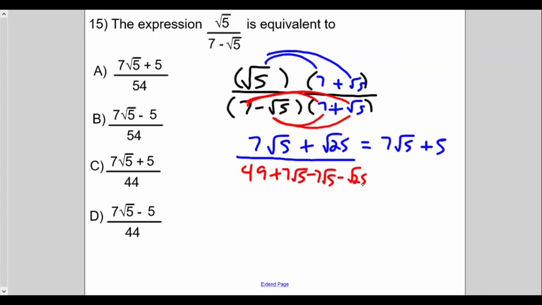Well, we know the 7 square root of 5 minus 7 square root of 5, those cancel out. So we're left with 49 minus the square root of 25. 25 is 5. And that's equal to 44. So our denominator no longer has a radical. Instead, we have 7 square root of 5 plus 5 over 44, which is going to be choice C.